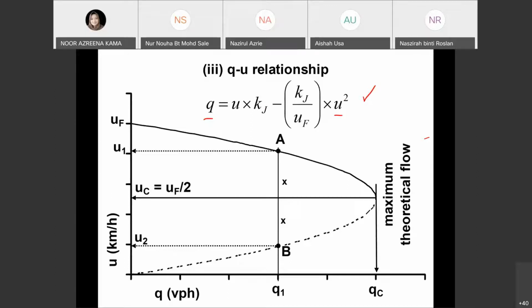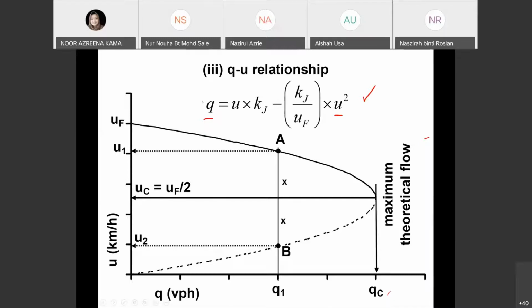So, for this relationship, kita tengok dulu simbol-simbol yang ada. Dia ada QC juga, which is the maximum theoretical flow. Dia ada 2 types of line, which are the solid line and also the dotted line. The solid line represents stable condition, the dotted line represents unstable condition, because it is a quadratic relationship.